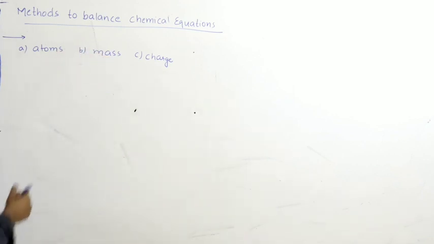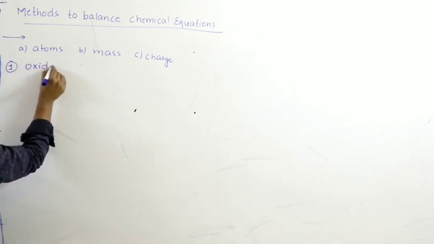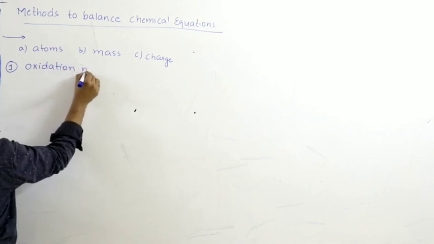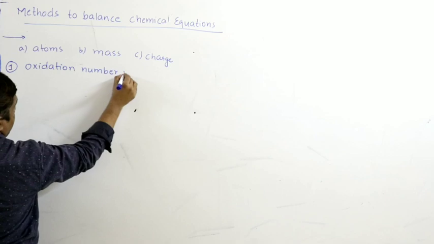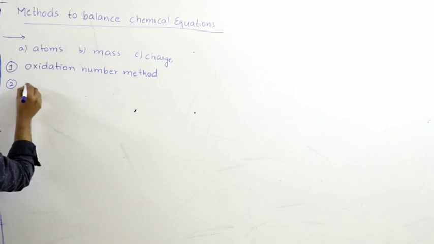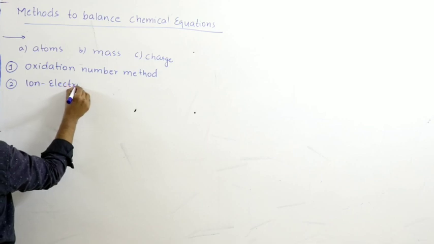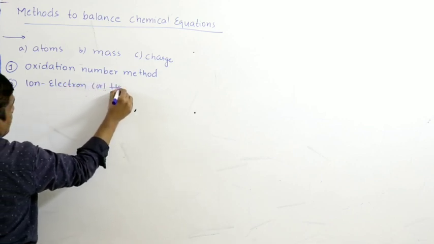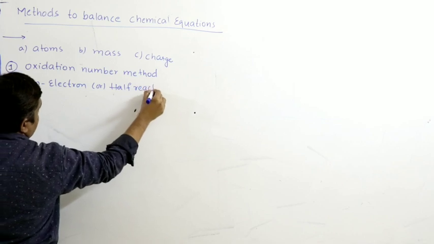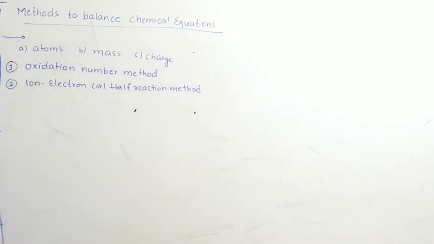So there are two methods. One we call the oxidation number method, and the second one is the half reaction method or ion electron method. There are certain basic rules on which we are going to solve them.